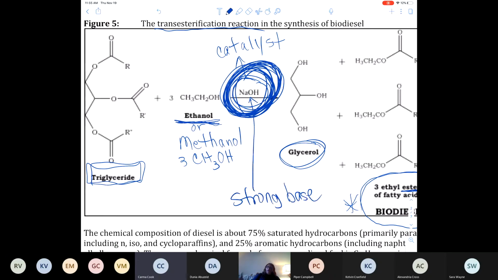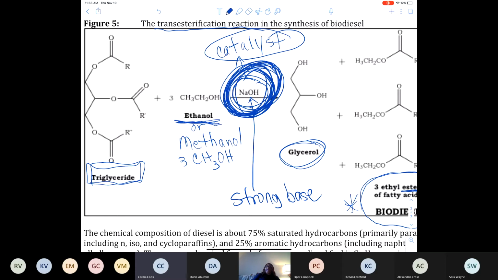It made the reaction go. If I would have forgotten to add the sodium hydroxide, I would not have made the biodiesel. I definitely wouldn't have made it in 24 hours like I did. It would have taken many, many, many more days. The sodium hydroxide acts as a catalyst. It speeds up the reaction.